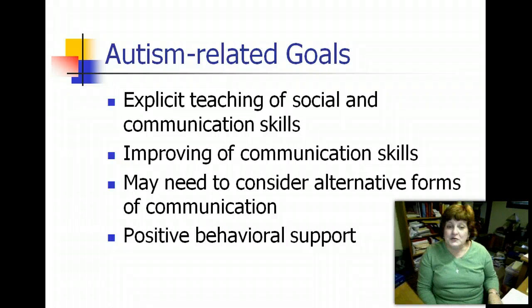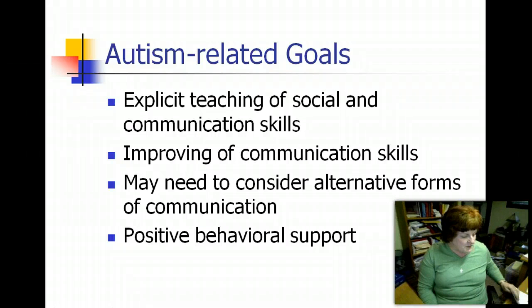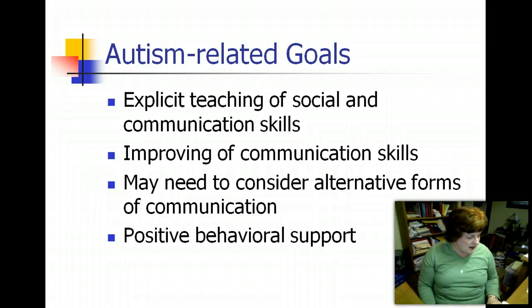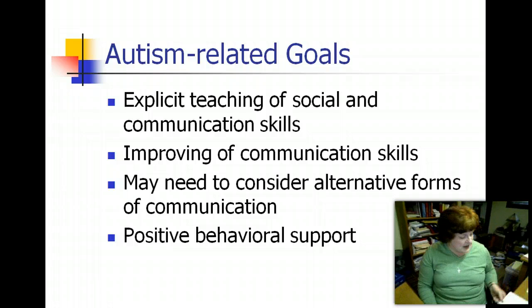Some of the autism-related goals that you may be helpful to parents in helping them get their correct resources or providing documentation for them are explicit teaching of social and cognitive skills, improving the communication skills.